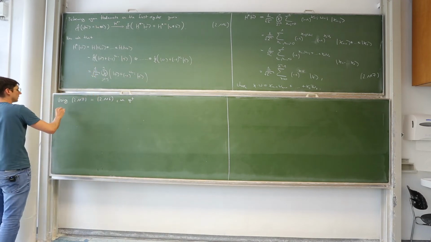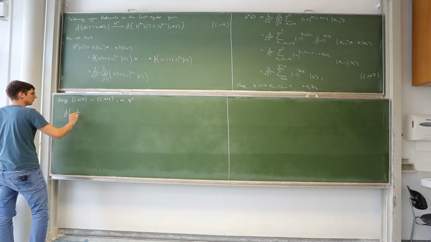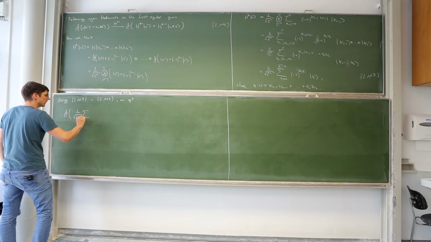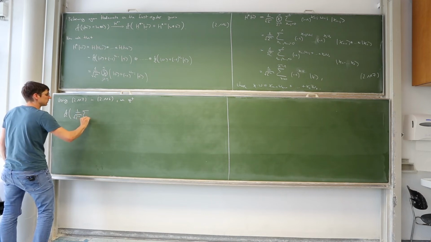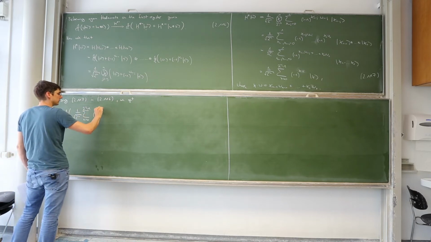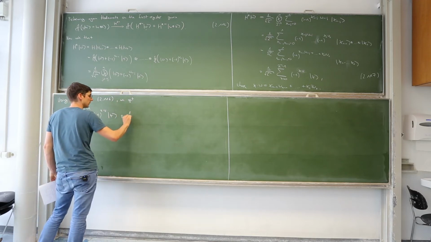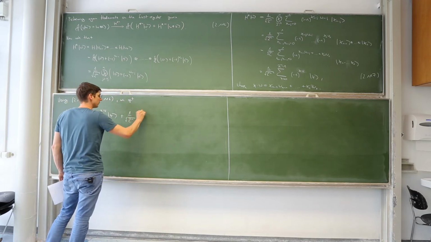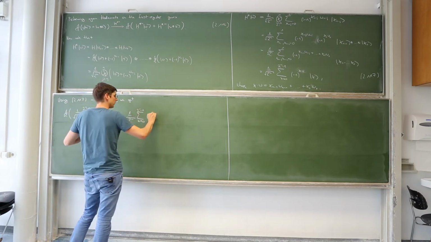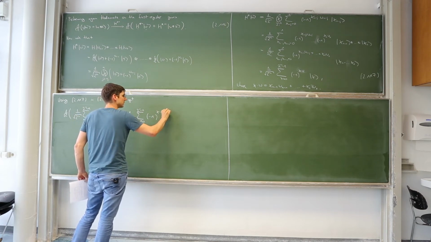We get the state 1 over square root of 2, and then we have 1 over square root of 2 to the power of n, and then a sum x equals 0 to 2 to the power of n minus 1, and then minus 1 to the power of x times w, x, and then plus a similar term. And now we have here x times w plus s.